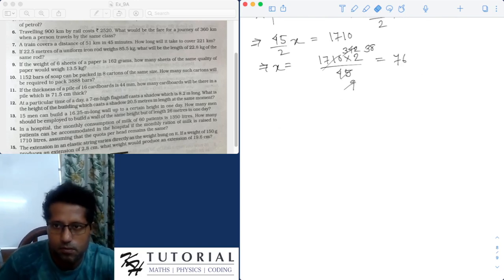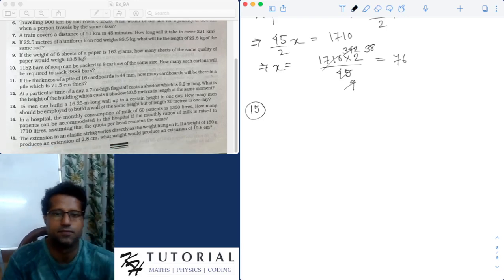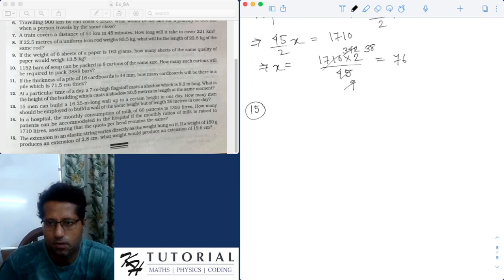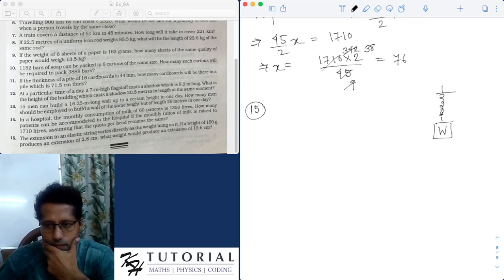Okay, let's do the last problem, that is problem number 15. It says that the extension in an elastic string varies directly as the weight hung on it. Okay, so the weight is hung, and this is a string. It is hung from some wall or ceiling.